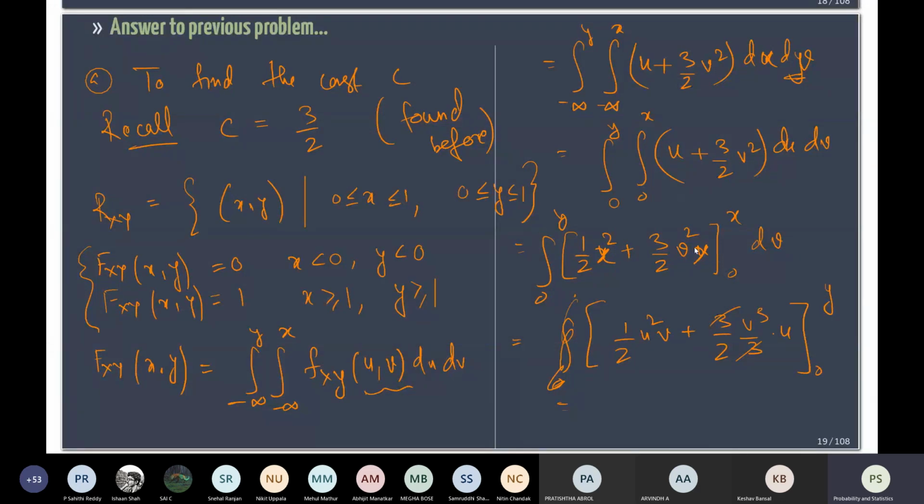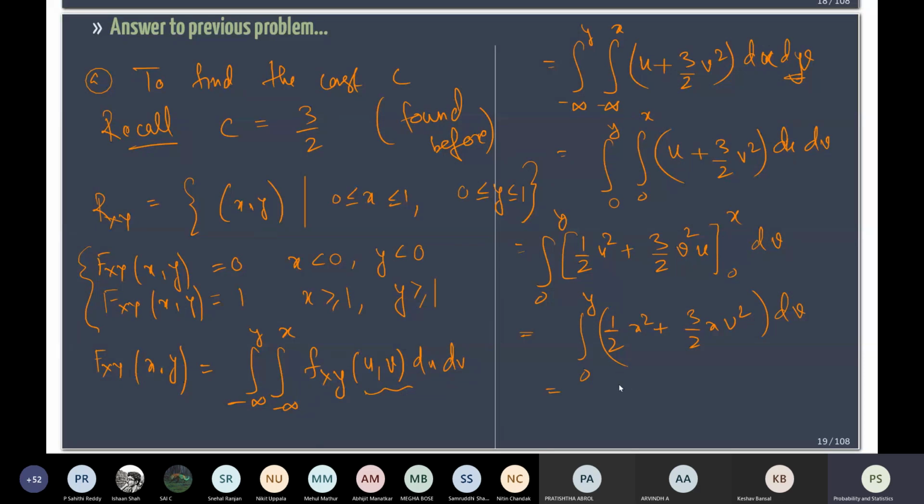Sorry, I am mixing many things here. Substituting x, what I get is half of x squared plus 3/2 x v squared, dv.